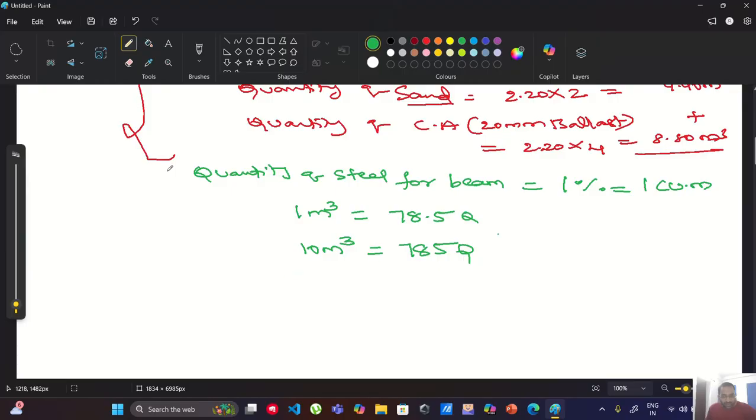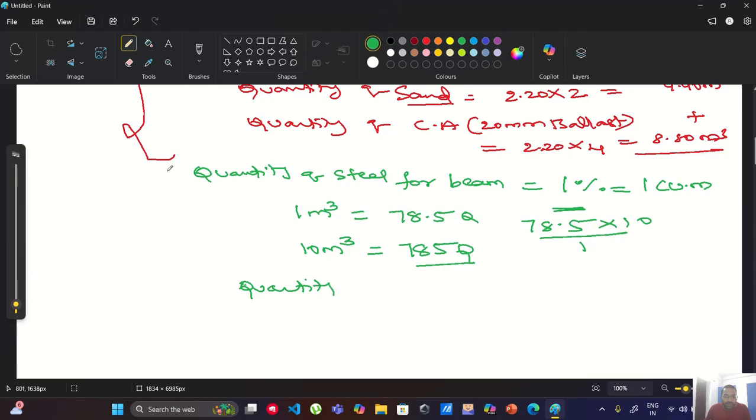So 78.5 into 10 divided by 1 will be equal to 785 quintal.